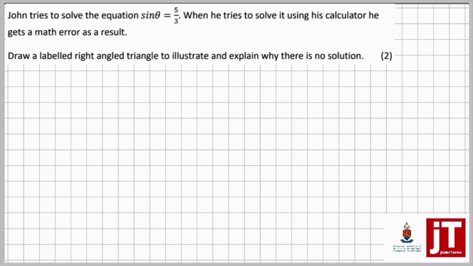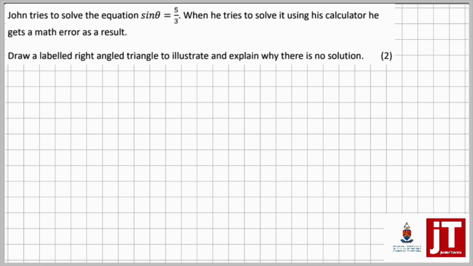When he tries to solve it using his calculator, he gets a math error as a result. You can go and try it yourself. Put arc sine of 5 over 3. See what's the answer. You get a math error.